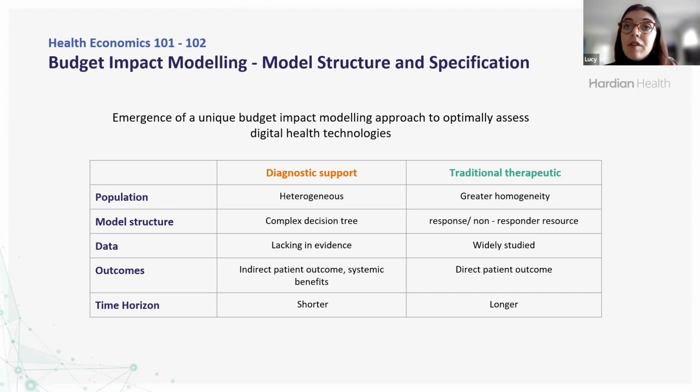And as already covered, the types of outcomes that should be considered within the budget impact models are also different too, in that there's more of an indirect focus on patient outcomes, more systemic benefits, versus the therapeutics where they are directly impacting things like survival and patient condition.